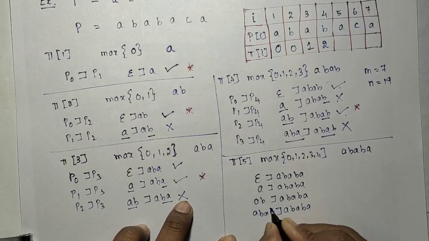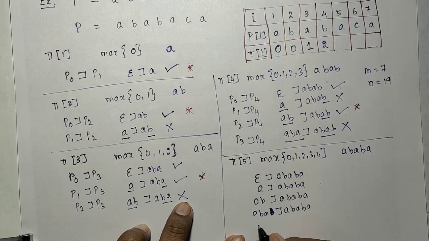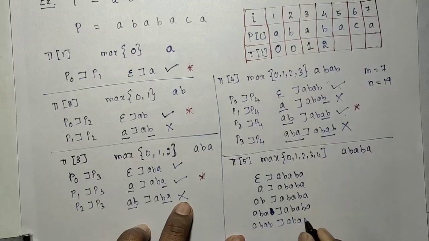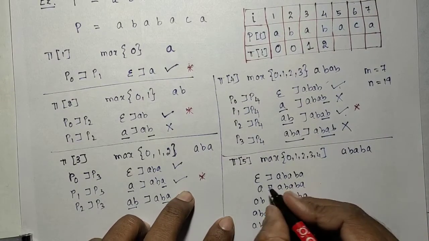ABA. And first four characters ABAB is a suffix of ABABA, like that. So we need to check.